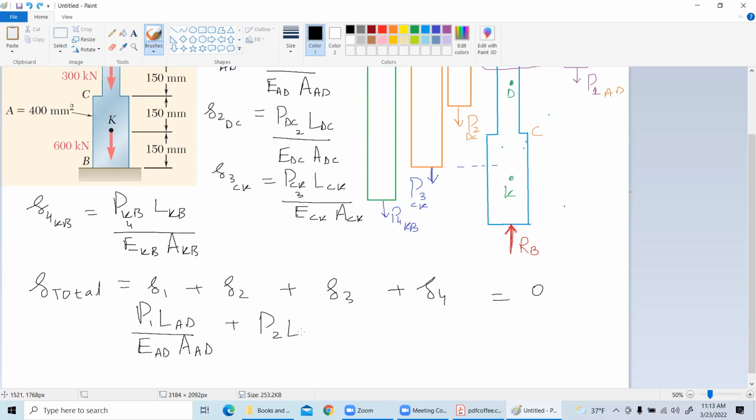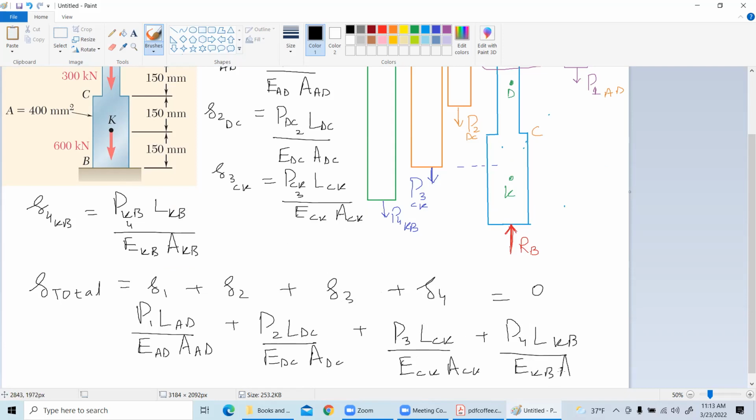DC over E DC A DC plus we have P3 CK over E CK A CK plus P4 KB over E KB A KB equal to 0.